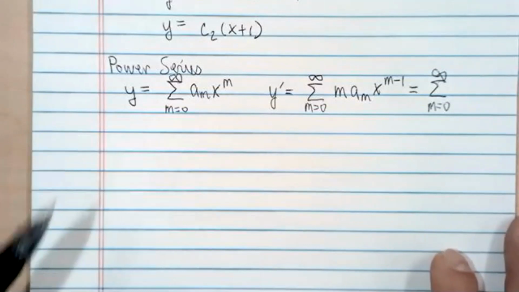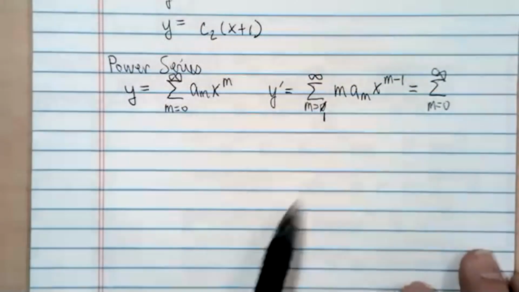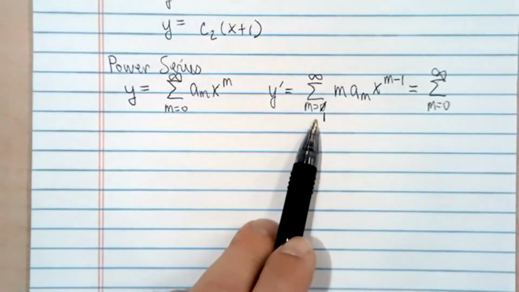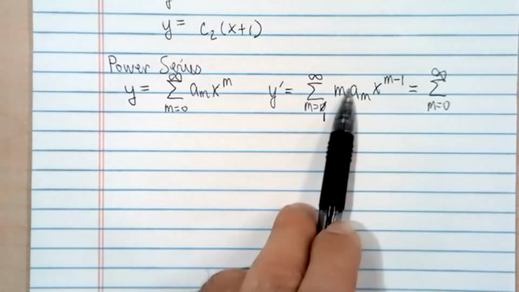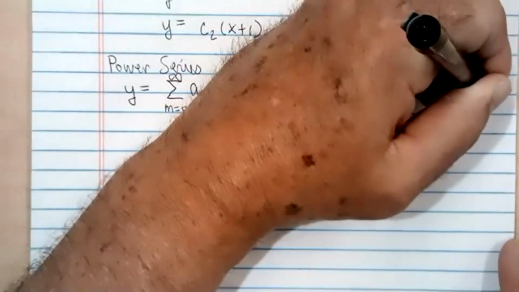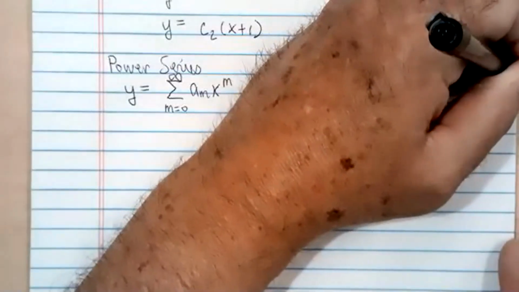Okay, so when you take the derivative, normally we start at 1 because that first term is 0 anyway, and then we pull these m's down by 1 and push those interior m's up by 1: the sum of (m plus 1) a_(m+1) x to the m.